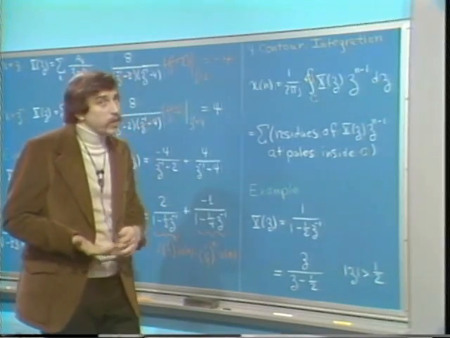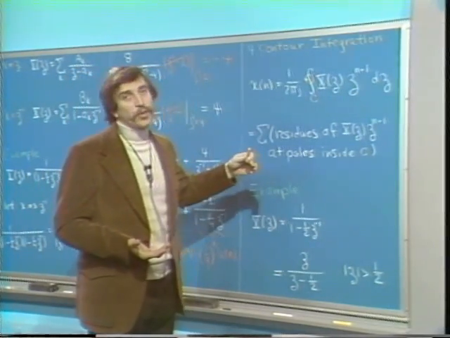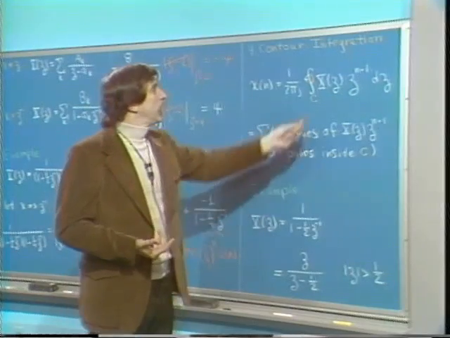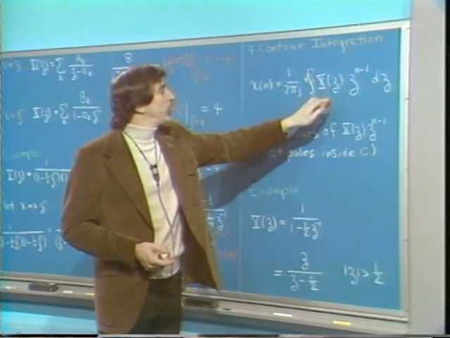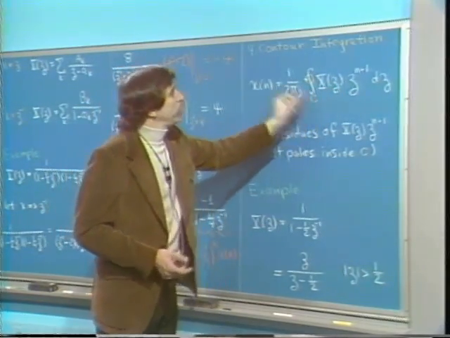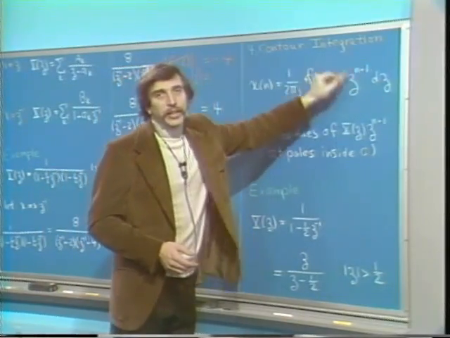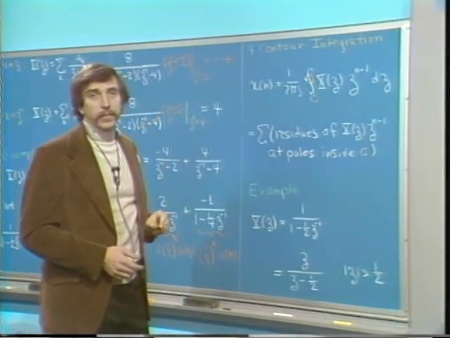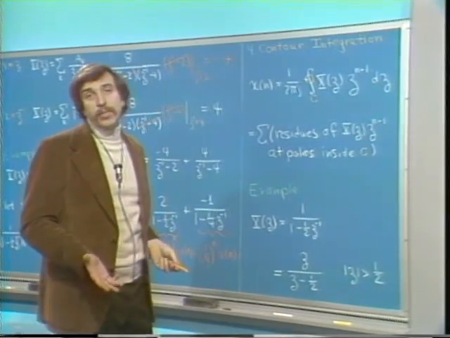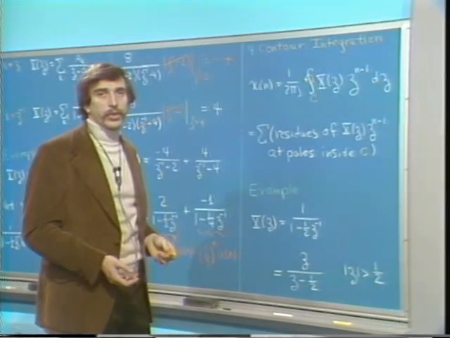Well, that's not surprising, because the region of convergence for x of z is the only place where we're allowed to stick in values for z. So obviously, we're not allowed to look at values of this integrand except where x of z makes sense, that is, except in the region of convergence.